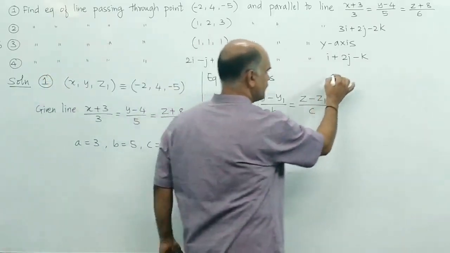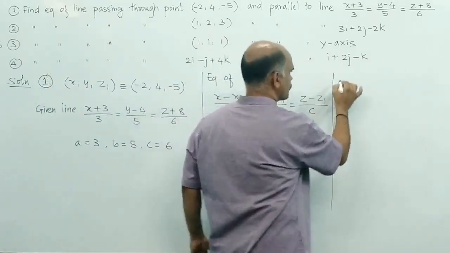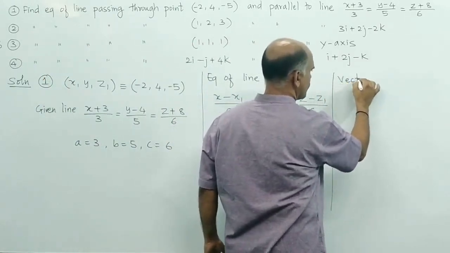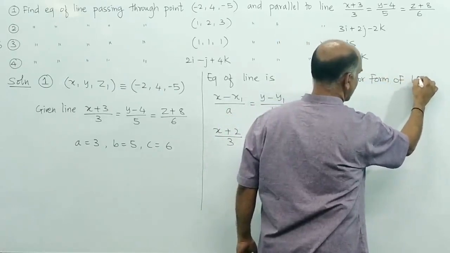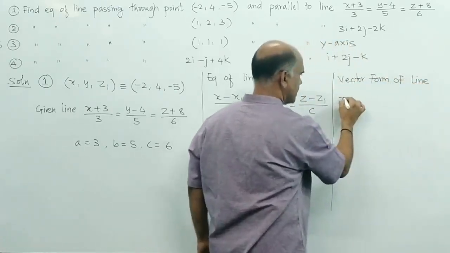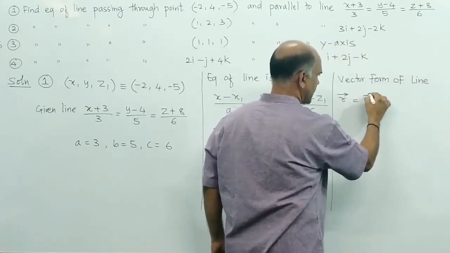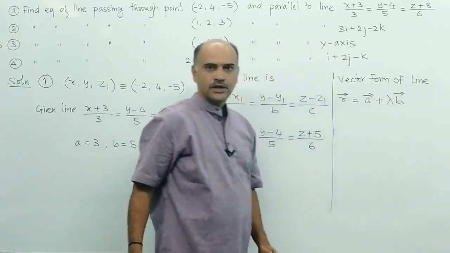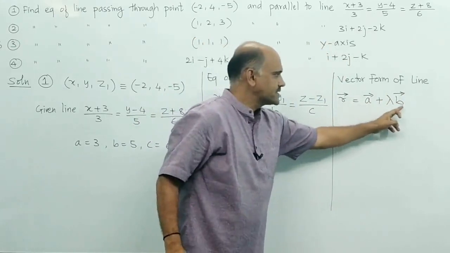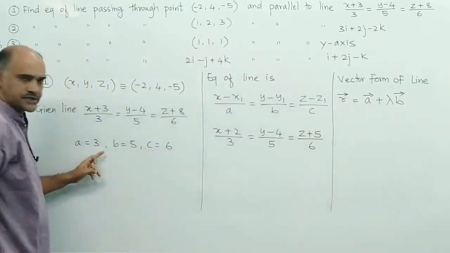So if you want it in vector form, so vector form of line, R is equal to A plus lambda B. Now here, don't confuse these A and B with the direction ratios.